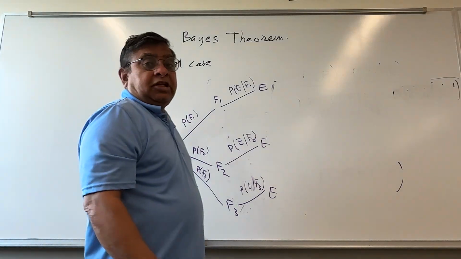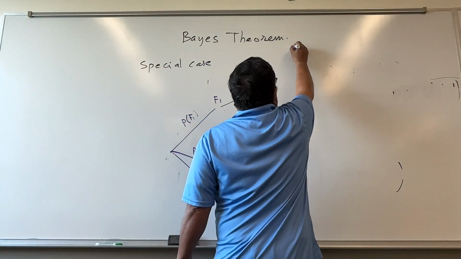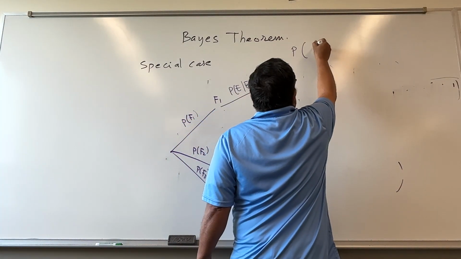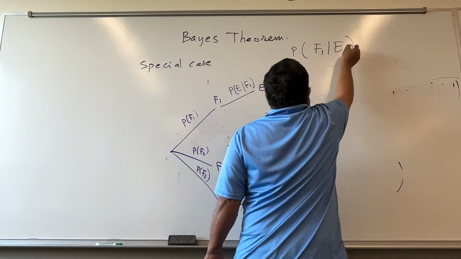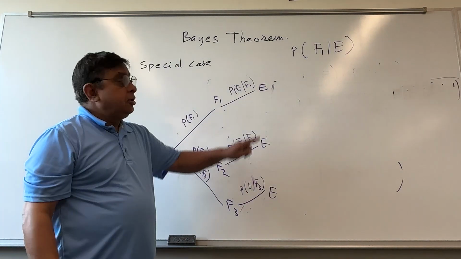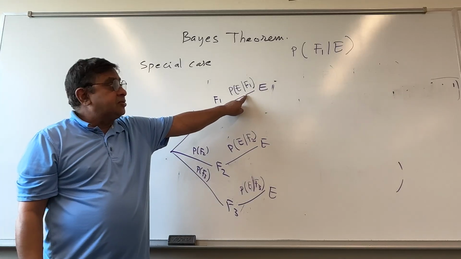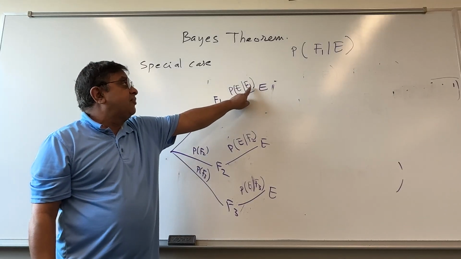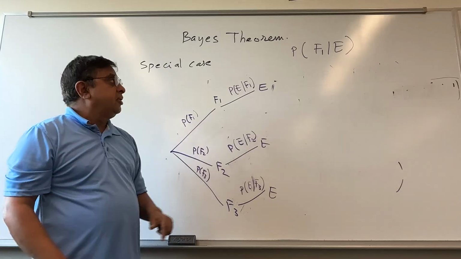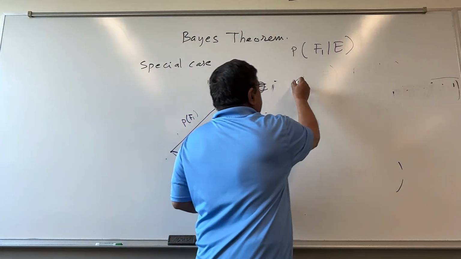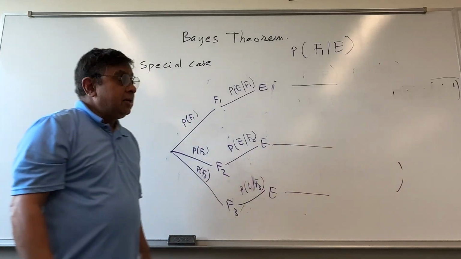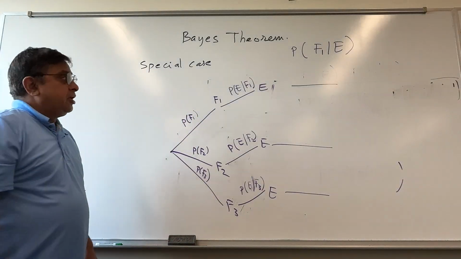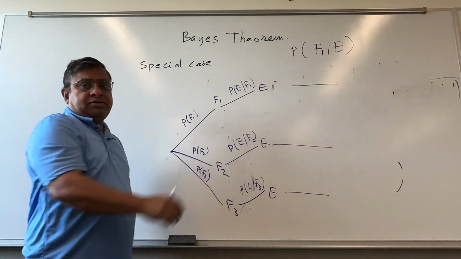Now, let's say I want to compute probability of F1 given E. Notice it's exactly opposite of this. To do that, you take all these branches ending in E and compute the probabilities.